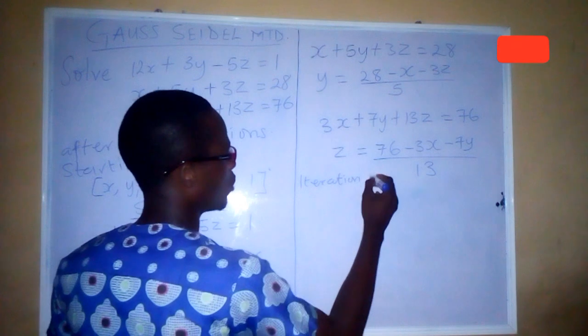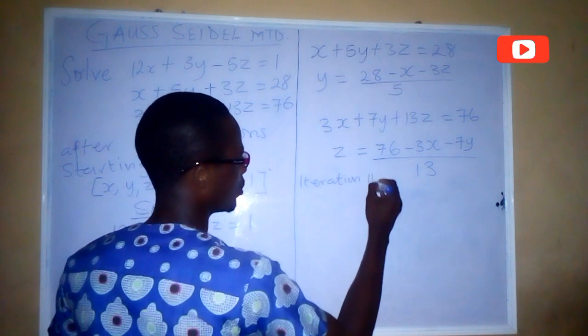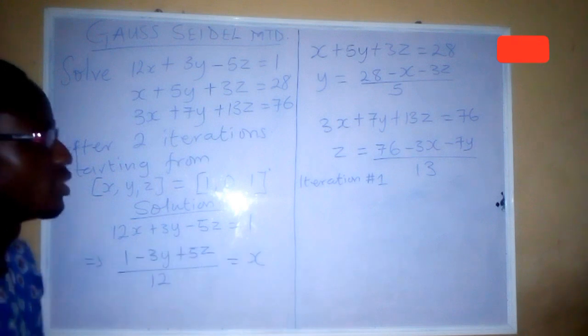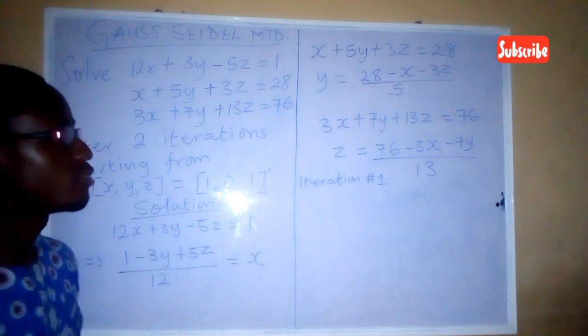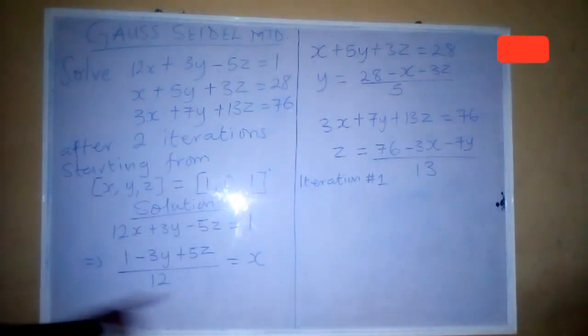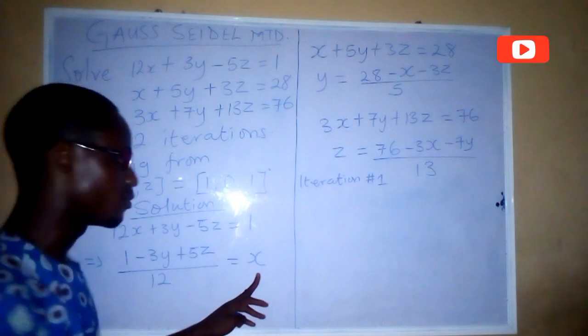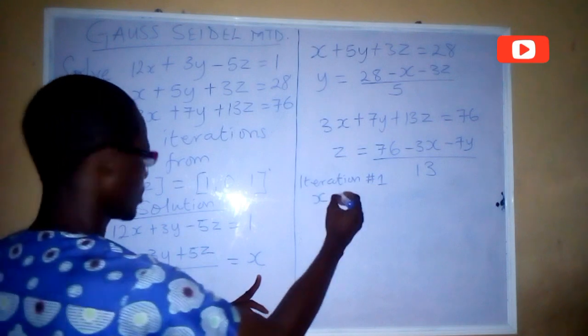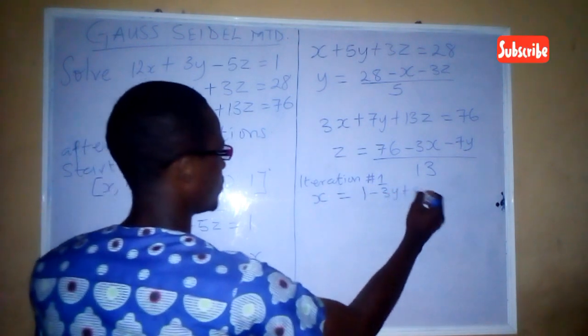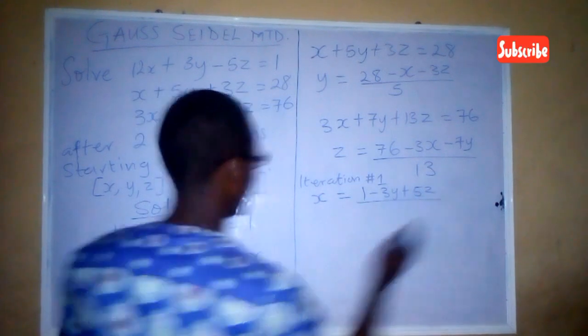Iteration 1. How are we going to apply the first iteration? Here I have to make x. X already is the subject of the formula here. So I have x equals 1 minus 3y plus 5z, all over 12.